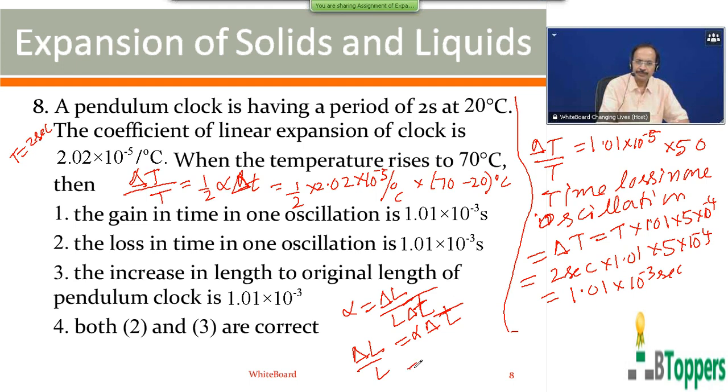So here alpha is given as 2.02 into 10 power minus 5 per unit. Change in the temperature is 70 minus 20. So you can simplify it further.